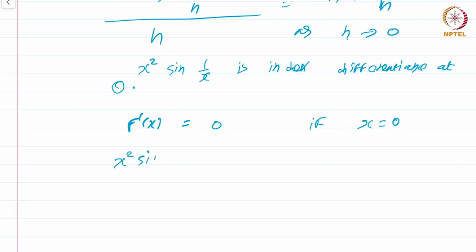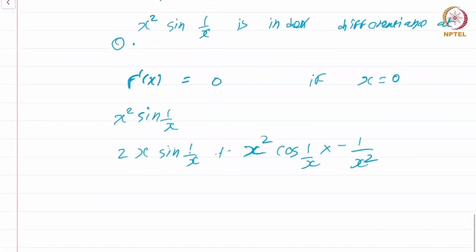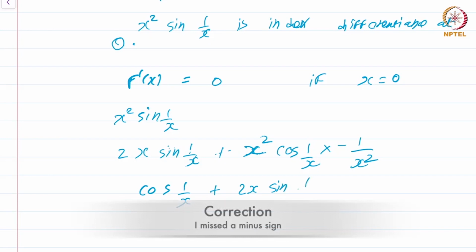So x squared sine 1 by x, when you differentiate, you will get 2x sine 1 by x plus x squared times the derivative of sine 1 by x, which is cos 1 by x, times the derivative of 1 by x, which is minus 1 by x squared. This just comes from the quotient rule. So what you get is minus cos 1 by x plus 2x sine 1 by x.